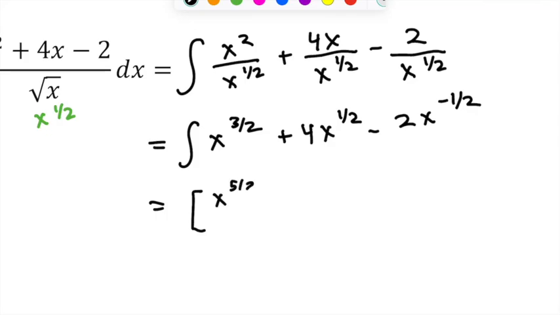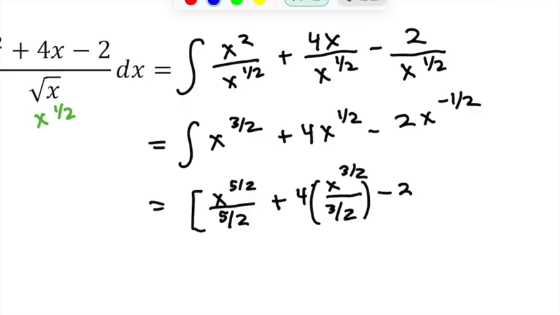So taking each of these integrals separately, we're going to add 1 to 3 halves to make it 5 halves, and divide by 5 halves. So now add 1 to 1 half, which gives me 3 halves. And then again, we're going to add 1 to negative 1 half, which gives me 1 half. Divide that. And now it's just cleaning up.